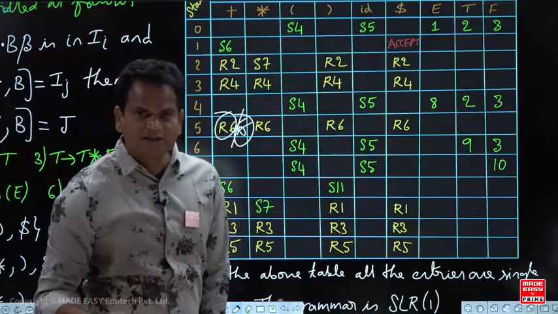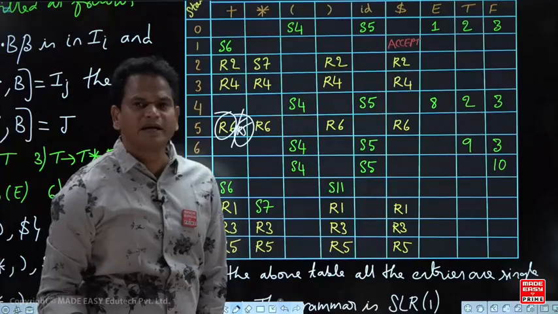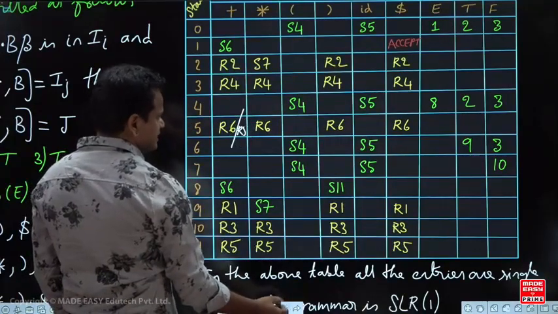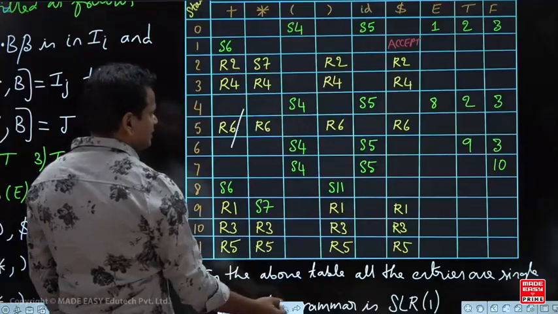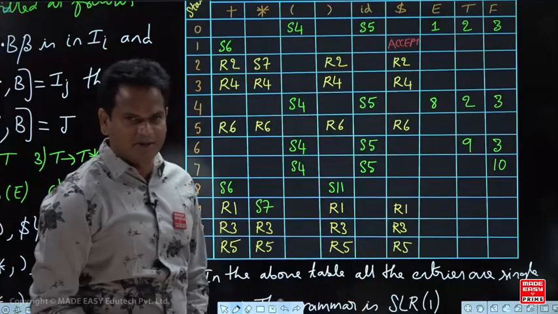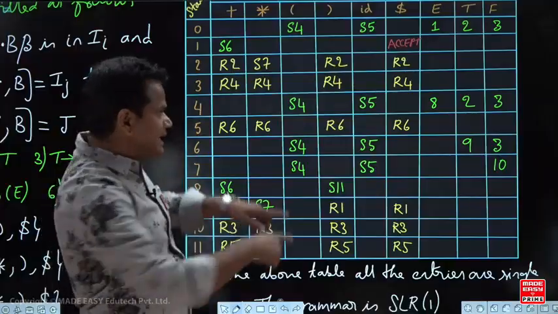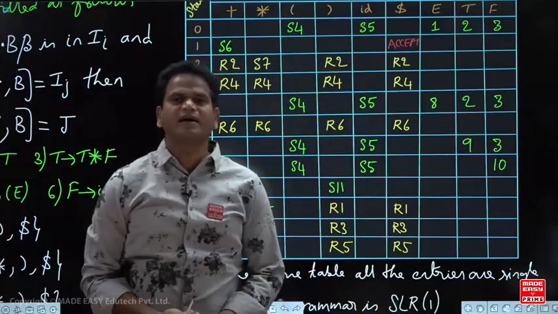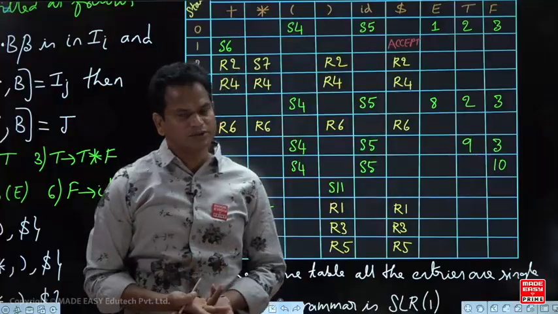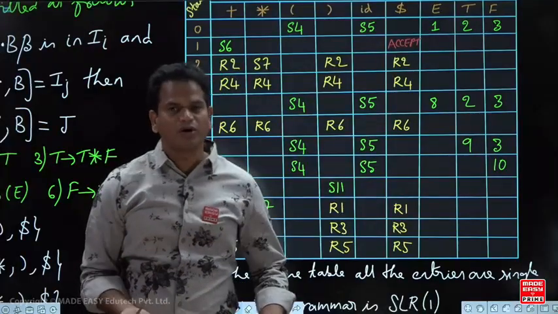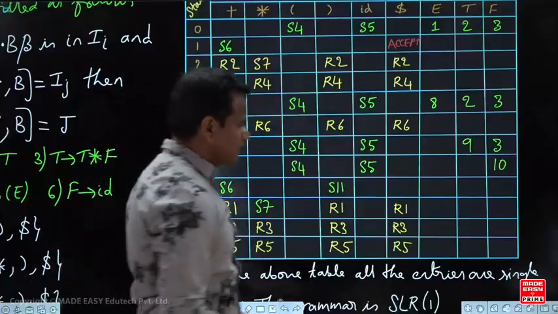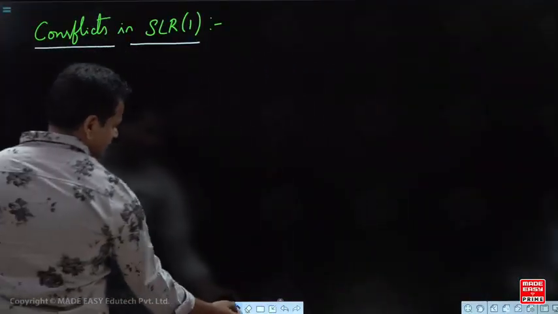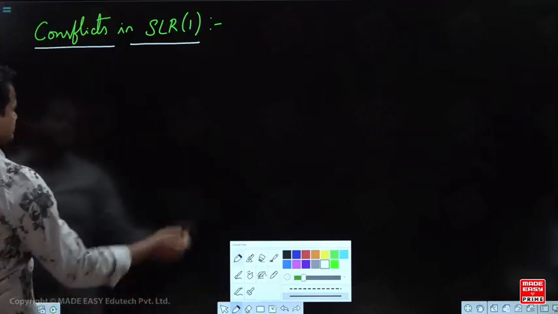Shall it go for rule 6 or rule 5? Ambiguity. Then it is not SLR(1), and you cannot do this parsing with the SLR(1) technique. So in any box the possible entries you may get are shift-reduce or reduce-reduce. These are called conflicts in SLR(1).